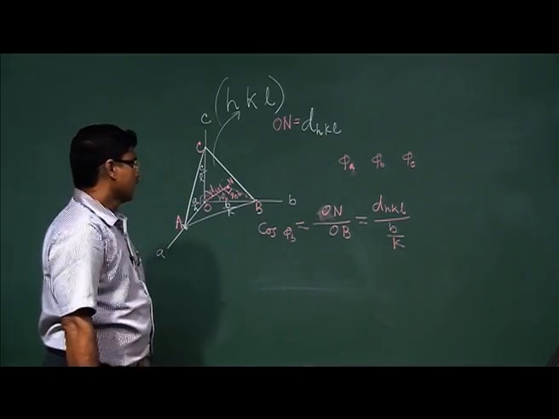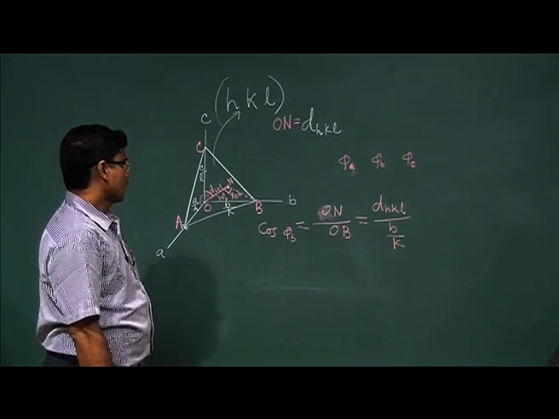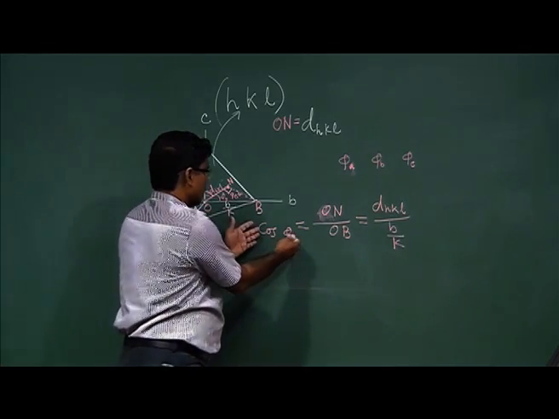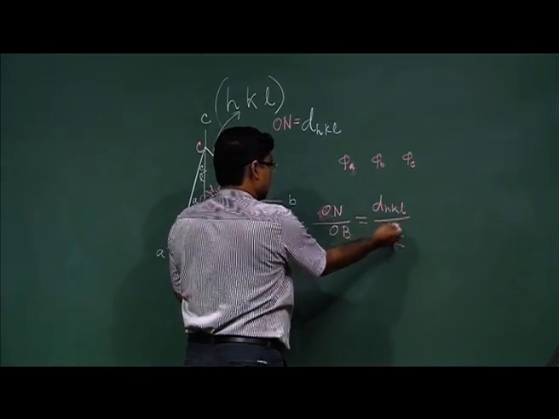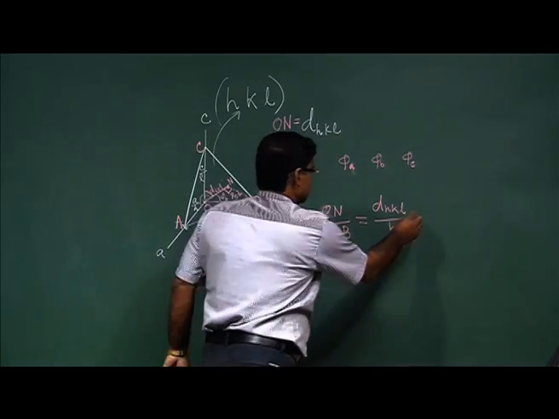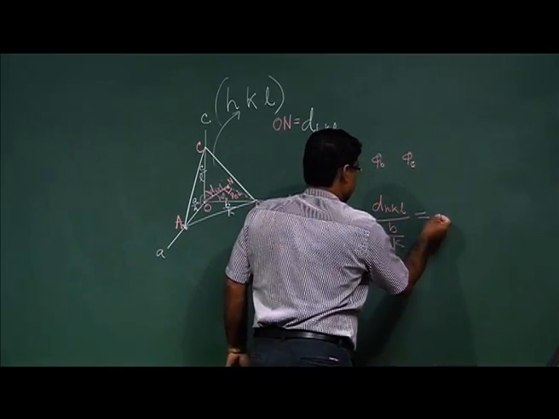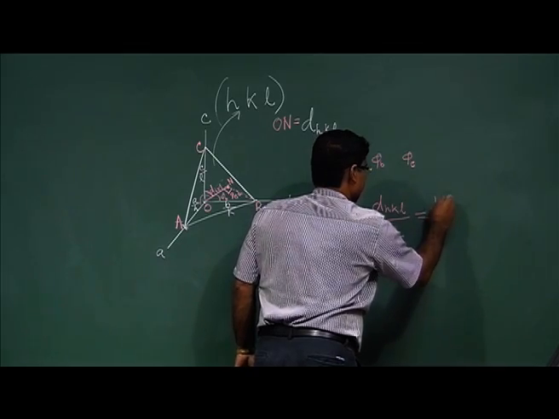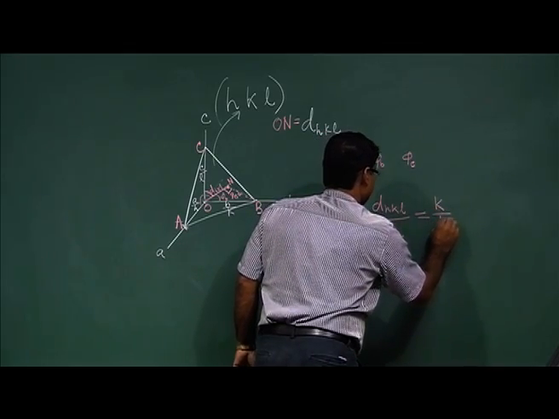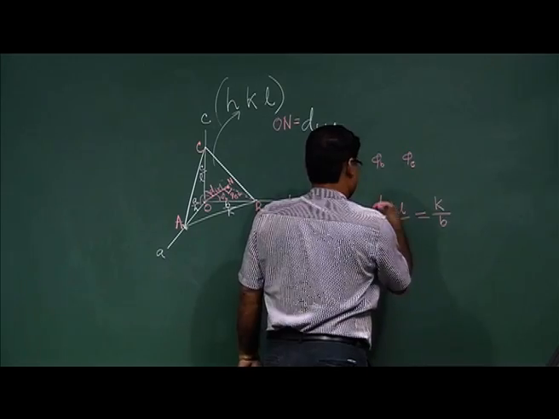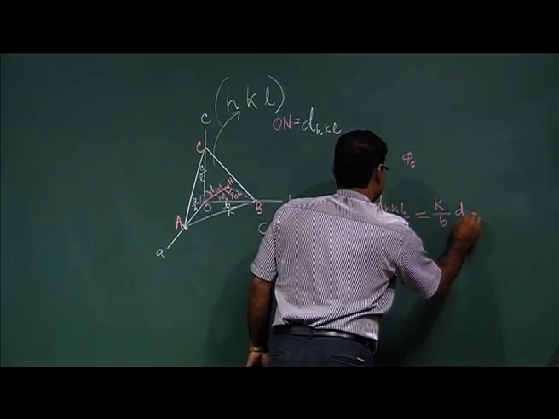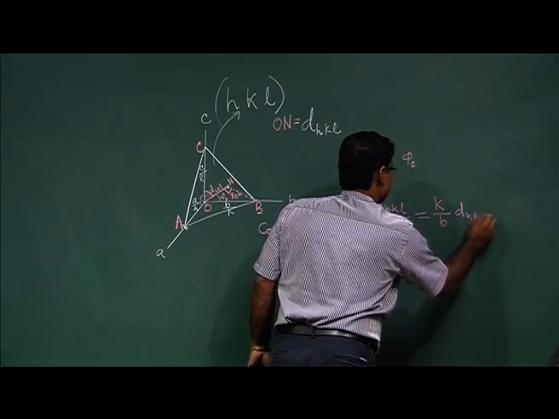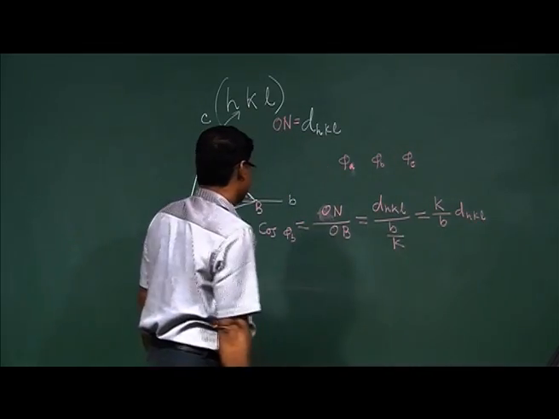So cos phi b is equal to k by b times DHKL.